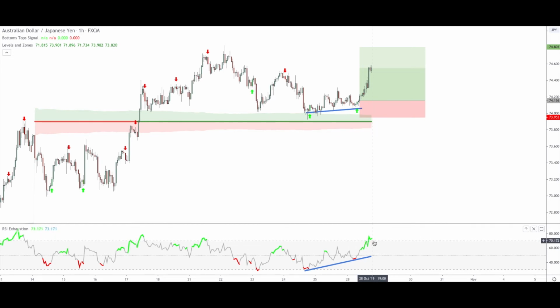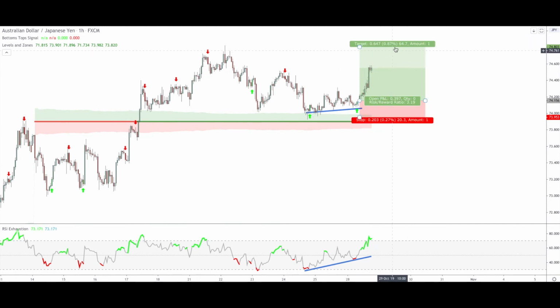I will be concerned if I see any significant divergence between this point here, so the RSI here. Maybe then it moves down and keeps moving down, and the price moves up. But by the time that the RSI moves down and the price moves up, we should be already out of the trade.